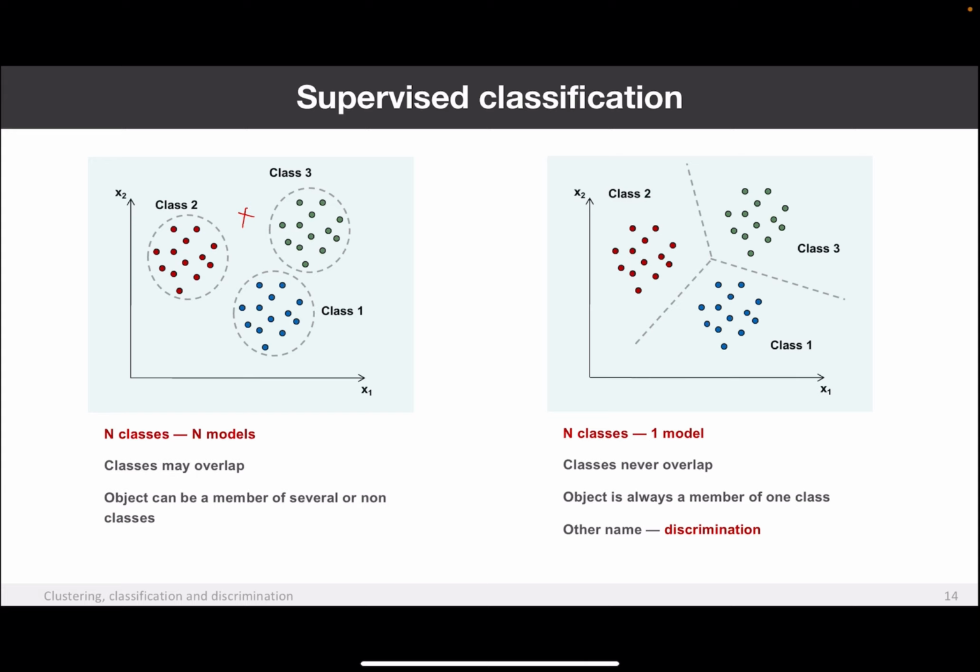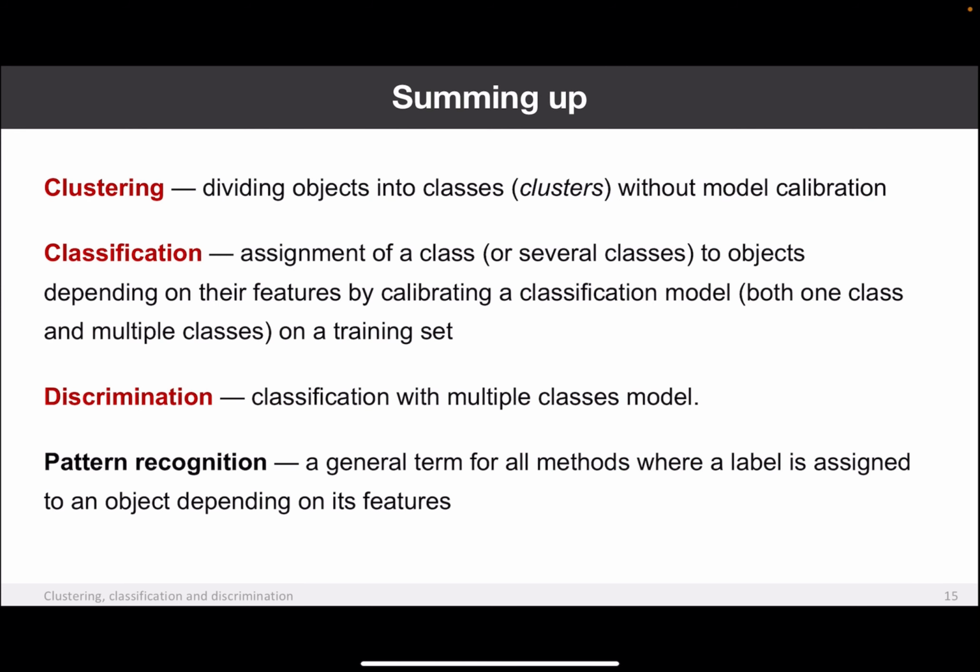Okay, so that's what we call discrimination. We will consider both one-class classification and discrimination. I'll show you a couple of state-of-the-art methods for that, and also in the next learning sequence we will consider projection-based classification, one-class classifiers, and discrimination methods. So that's the short introduction.